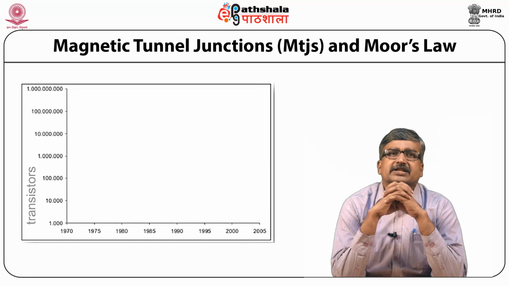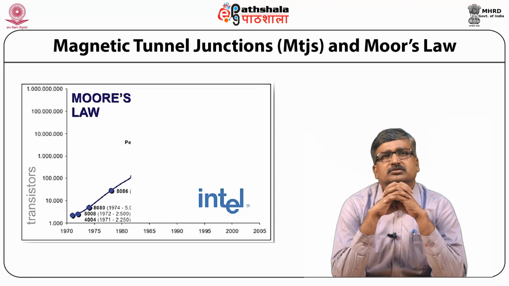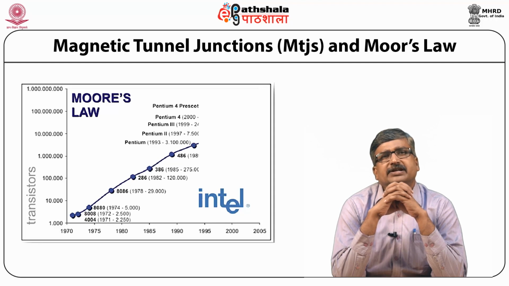Let us discuss the magnetic tunnel junction and Moore's law. Around 1959, Gordon Moore predicted that there would be a reduction in transistor size with time.